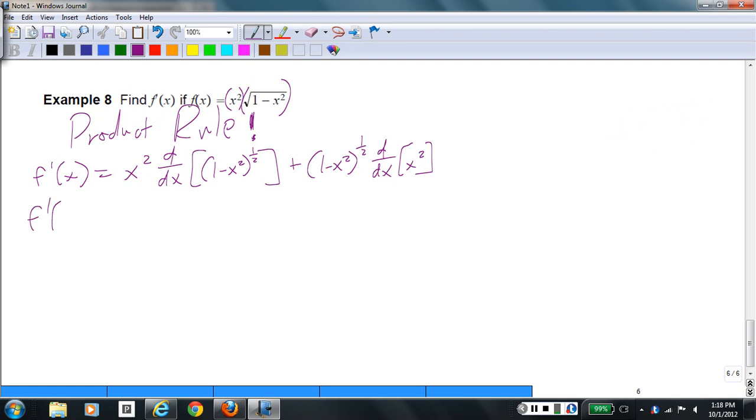So f prime of x equals x squared times the derivative of something raised to the 1/2 power. Here we go, chain rule. Derivative of something raised to the 1/2 power is 1/2 times that something to the negative 1/2, times the derivative of that something, which in this case is 1 minus x squared.